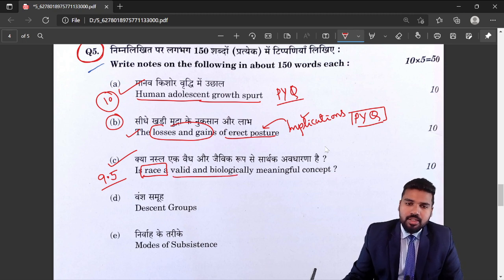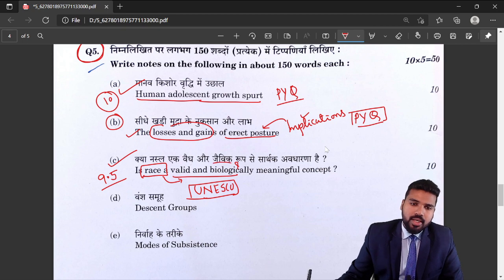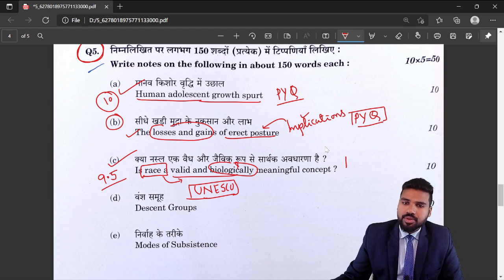So is race a biologically meaningful concept or not? Is it valid or not? Finally we have concluded, and we have also seen UNESCO's declaration on race. It indicated that racism is a myth, and race is a biological concept. So there you have to provide this answer. That's it. It is also a straightforward question and you can count on these previous year questions.